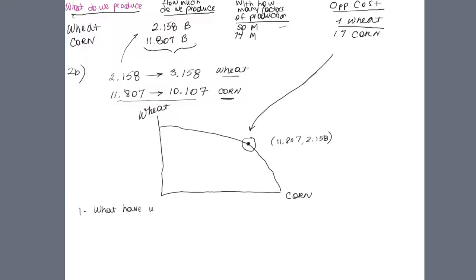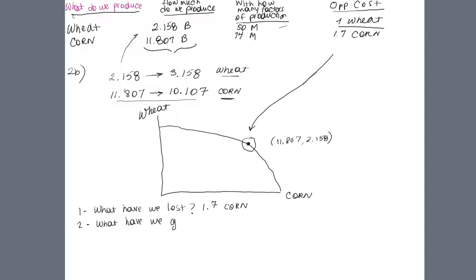We know that we have lost 1.7 billion bushels of corn. Now let's pretend we don't know how much we've gained in wheat, and ask the second question as we usually do: if we were following the opportunity cost, what is the gain associated with a loss of 1.7 billion bushels of corn?